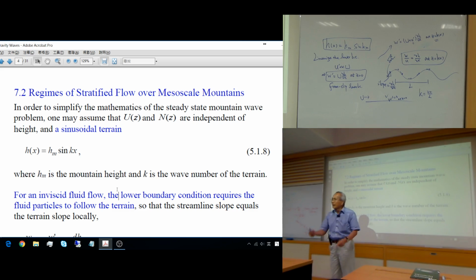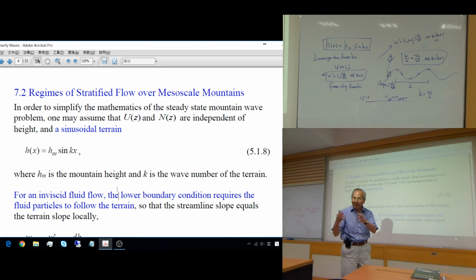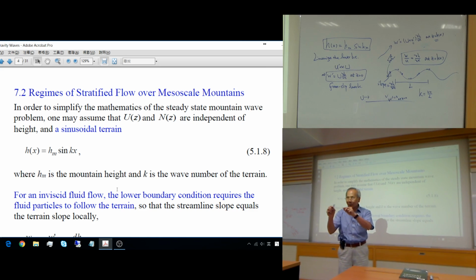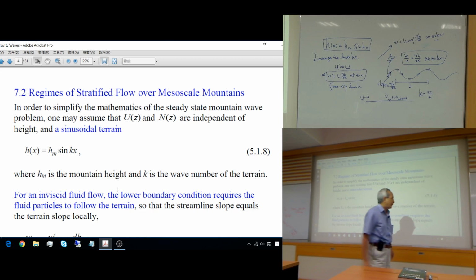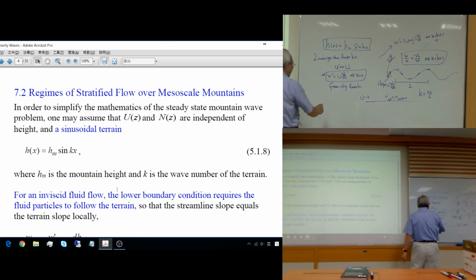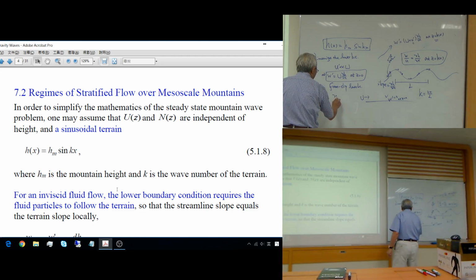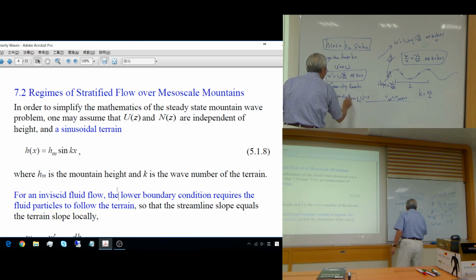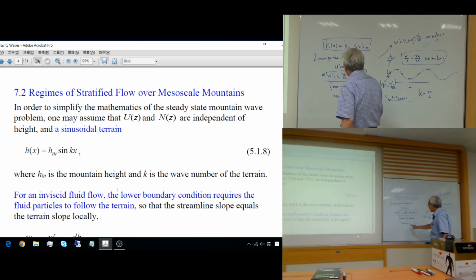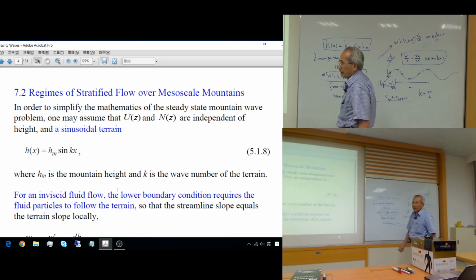And sometimes you see wording like non-slip lower boundary condition.